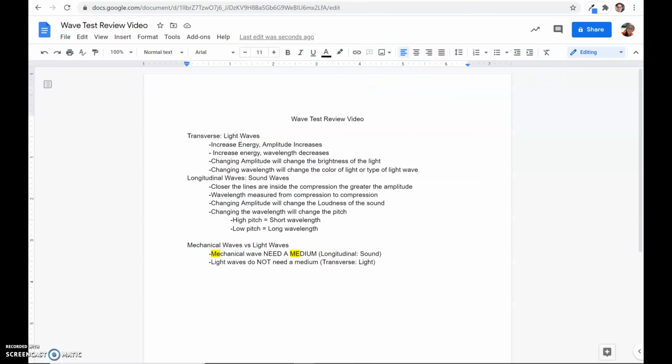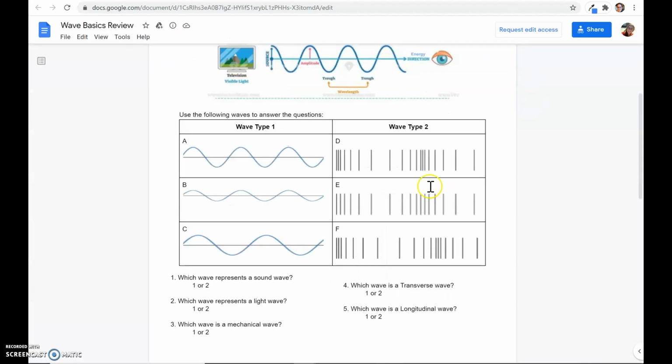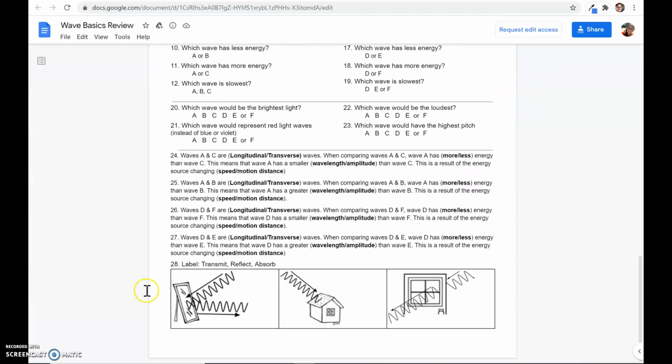The last thing that you need to know is transmitting, reflecting, and absorbing waves. If you look at this bottom picture, this first picture of the mirror, the wave is coming in, hitting the mirror, and coming back off. That's called reflection. It's kind of like an echo, when the sound or light waves hit something and come back off.